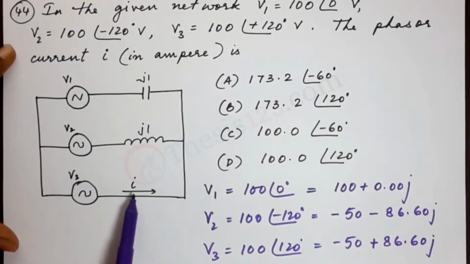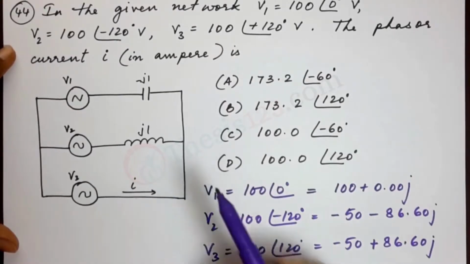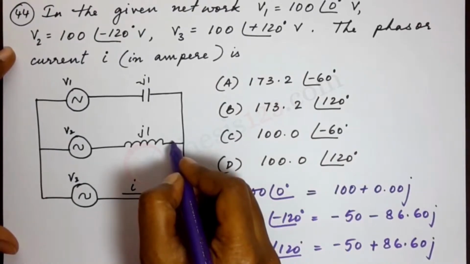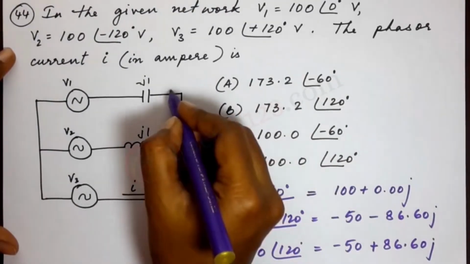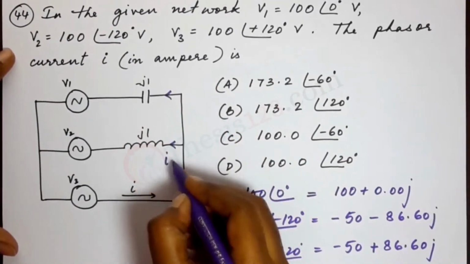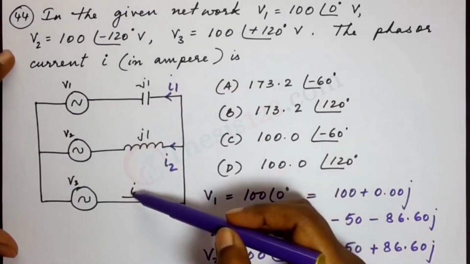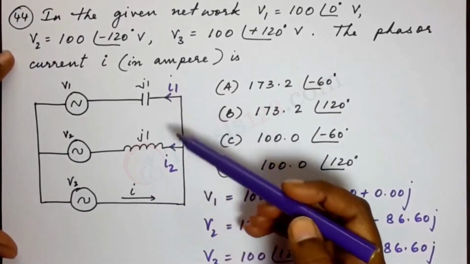Now since we are supposed to find the value of I here, the direction is given to us this way. So we'll assume that the current here we call I2 and here we call I1. So I would equal I1 plus I2.